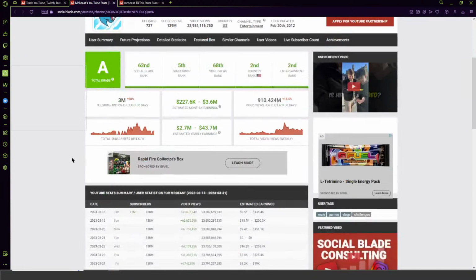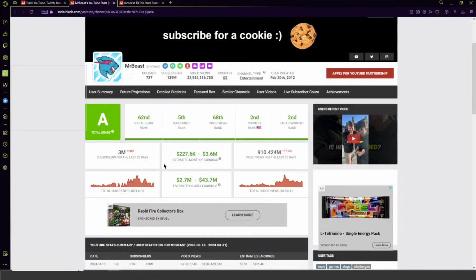And these are the kind of YouTube stats that it gives us. And a lot of these stats, again, are based on Social Blade's own algorithms for determining different aspects, right? Like the total grade and the ranking and all that sort of stuff. That's a Social Blade thing that they're calculating.